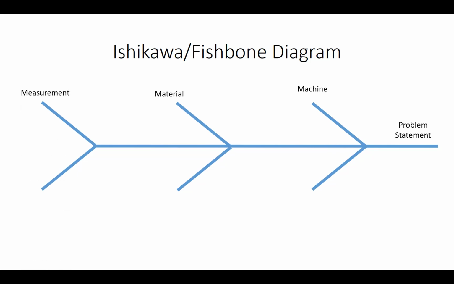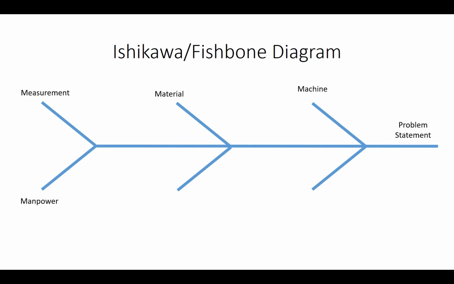Next is measurement. This could be how we measure things, where we're measuring it. Are we letting parts reach room temperature before we measure them, or are we measuring them while they're still hot? If the coefficient of expansion is too high and our steel is too hot, we might be within spec, and then when it cools to room temperature, our pieces are too short.